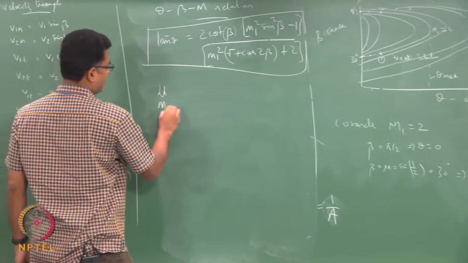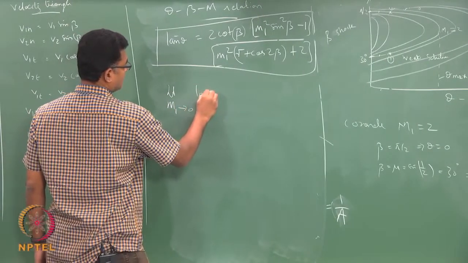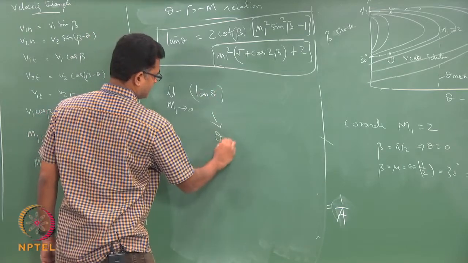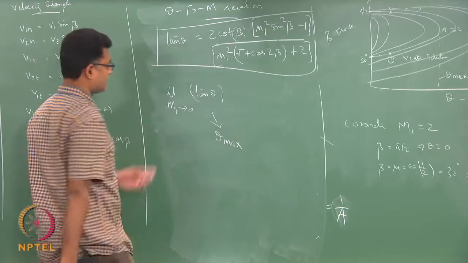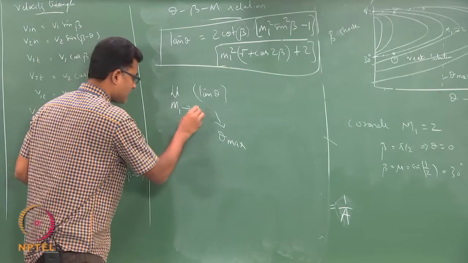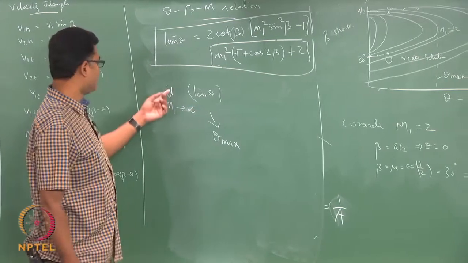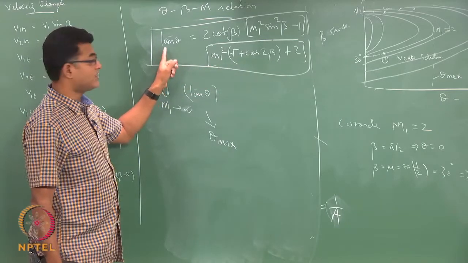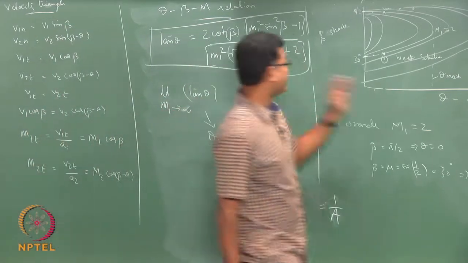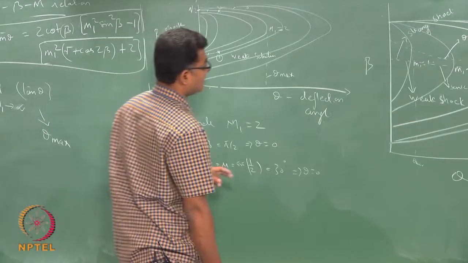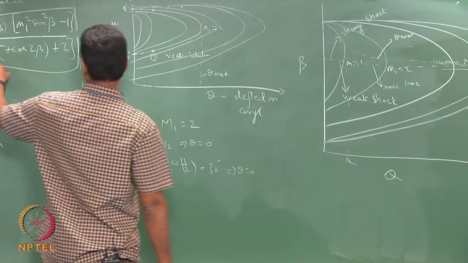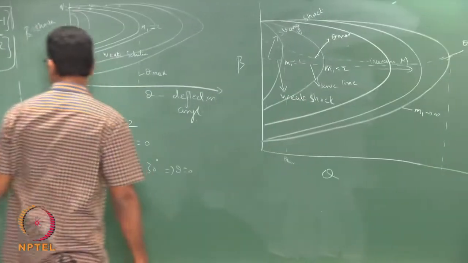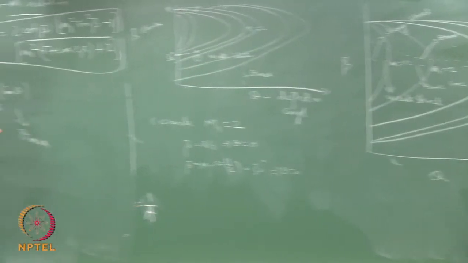Limit M1 tending to infinity, tan theta, and find the theta max for this. So, in the limit M1 tending to infinity, how theta varies is something which you can compute from this. If M1 is infinity, then I would have a curve, and I can also find the theta max for that particular case.